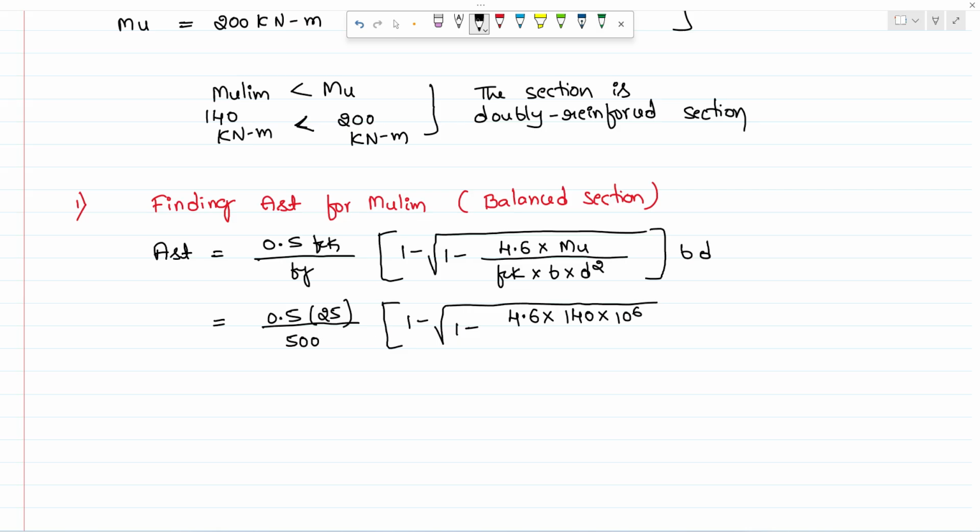Here Mu is nothing but Mu limit, because I will be designing my beam as balanced section.